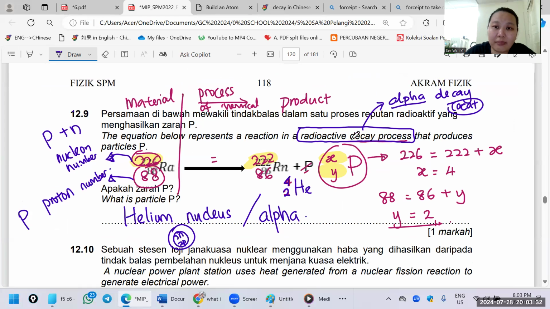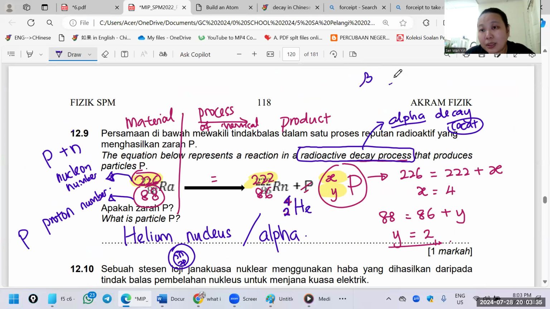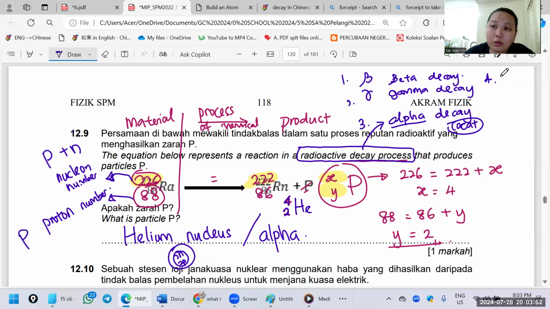If it emits out beta, it's beta decay. Emits out gamma is called gamma decay. Then later we have nuclear fission, and number 5, nuclear fusion. We have 5 processes now.